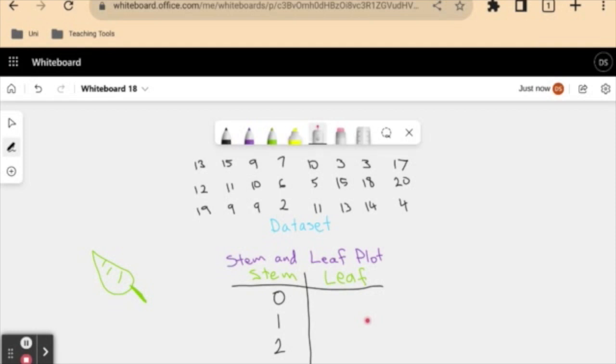Looking at all our components here, our lowest number is a 2. That's going to be our first term. So we read this as 0, 2. So just the number 2. Next, we have two 3s, which you may be able to see from the data set. So we have 3, 3. Our next number up is a 5.